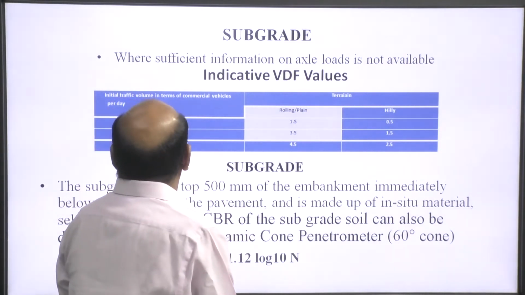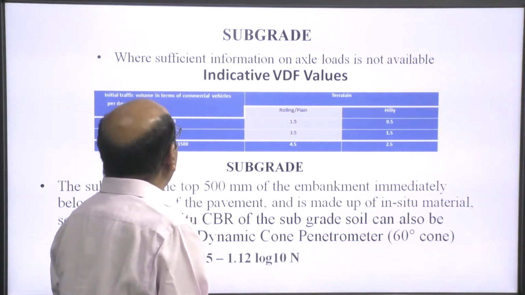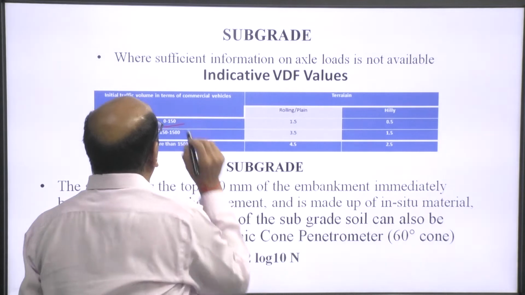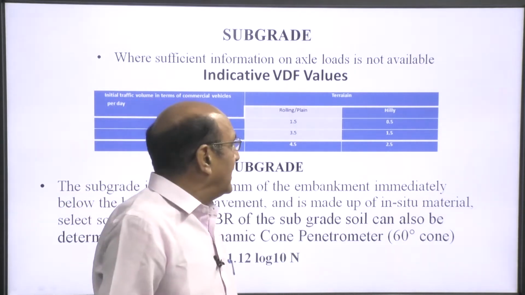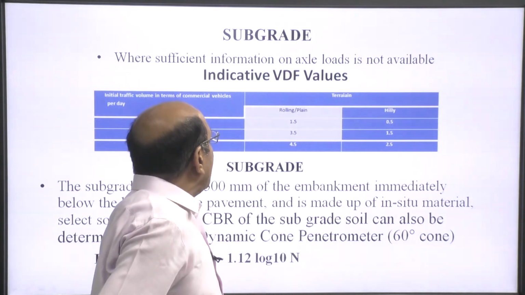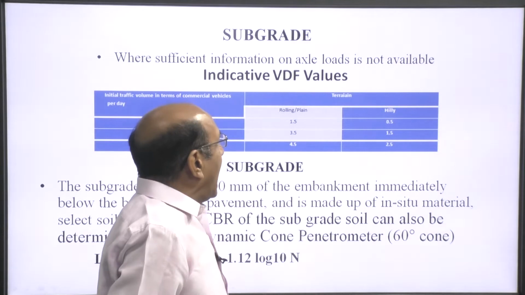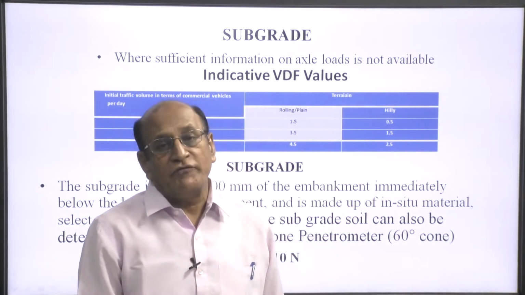When the commercial vehicles are between 0 to 150, the VDF will be 1.5 in rolling and plain areas and 0.5 in hilly areas.